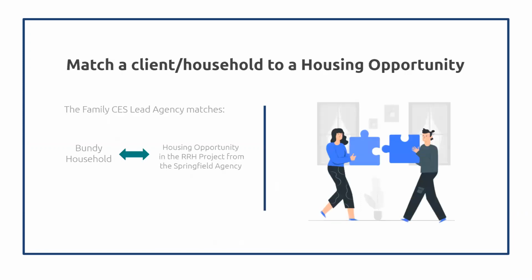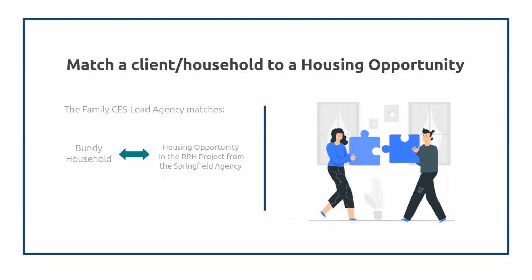Okay, so let's continue with my example of the Bundy household. Now let's suppose that the family CES agency matches Mr. Bundy with a housing opportunity in a rapid housing project of the Springfield agency. Again, these matching conversations and decisions occur outside HMIS, but the matchmaker needs to record the decided match in HMIS.